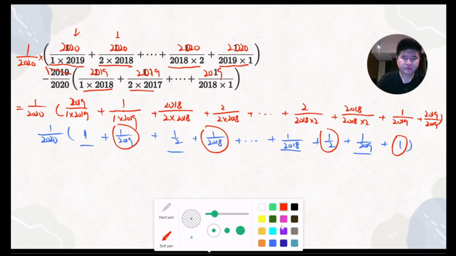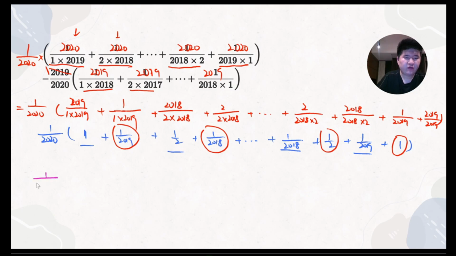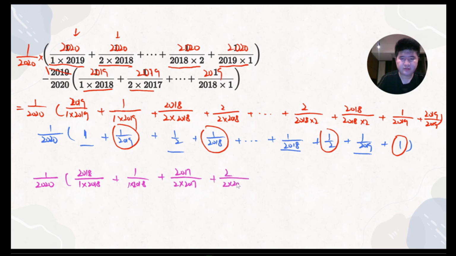And for the second one, it's just the same thing. It becomes 1 over 2020, and for this part it becomes 2018 over 1 times 2018 plus 1 over 1 times 2018 plus 2017 over 2 times 2017 plus 2 over 2 times 2017, plus, until the last one is 1 over 2018 plus 1.